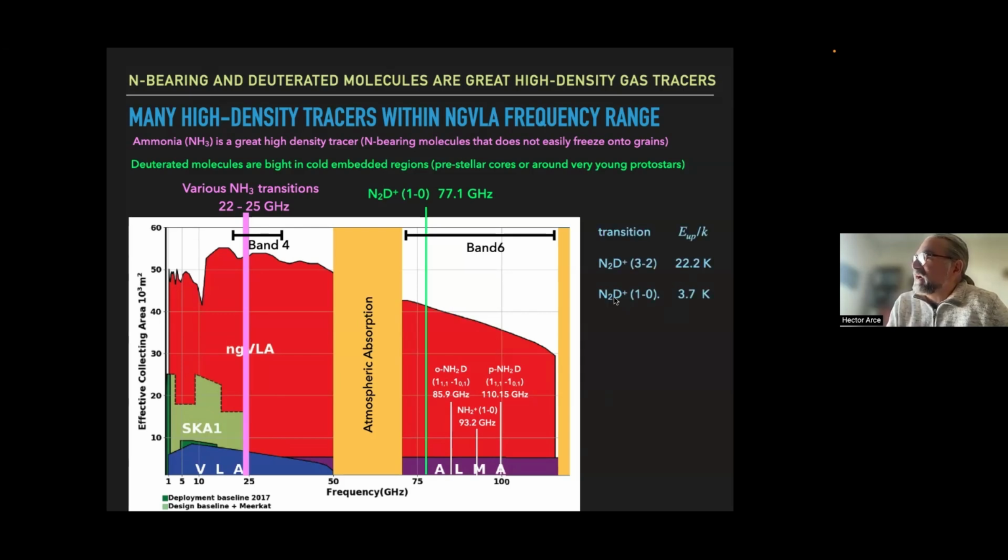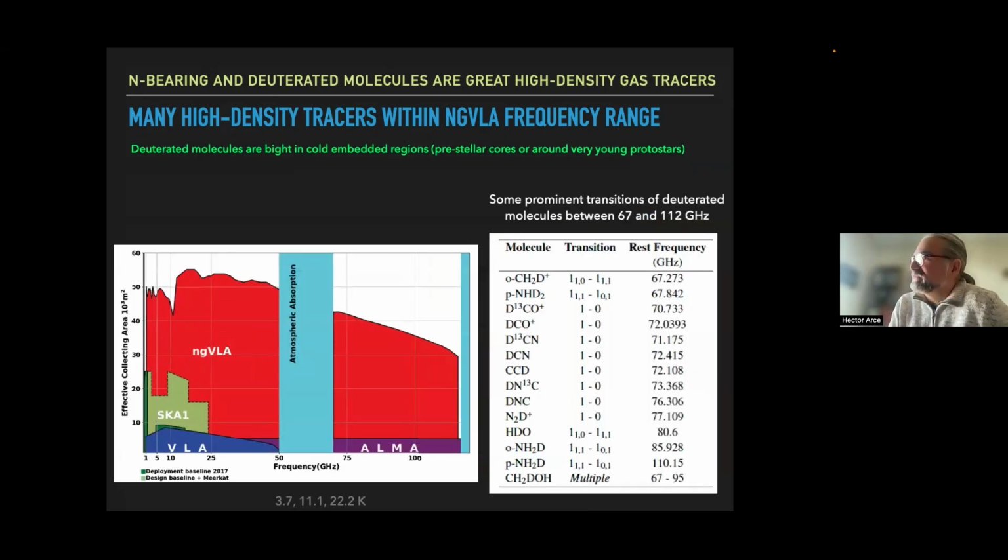And yeah, so N2H+ 1 to 0 will trace even colder gas than the N2H+ 3 to 2 transition that you can observe with ALMA. So you can trace colder gas, for example.